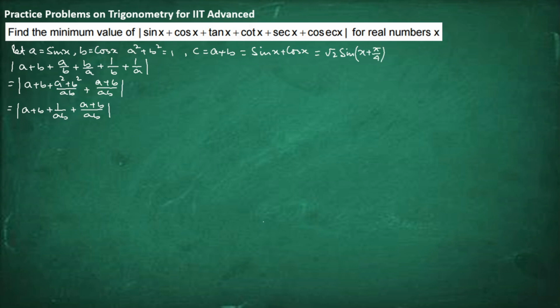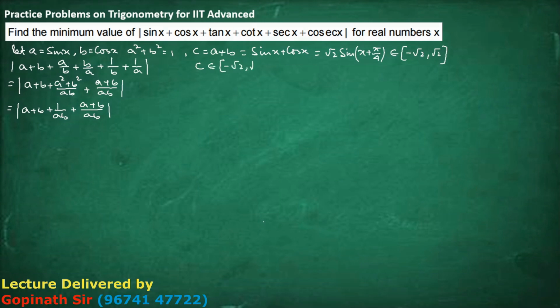Now sin (x plus pi by 4) always lies between -1 and 1. Therefore, root 2 sin (x plus pi by 4) lies from minus root 2 till root 2. Therefore, the range of C is from minus root 2 till root 2. Is it clear or not?